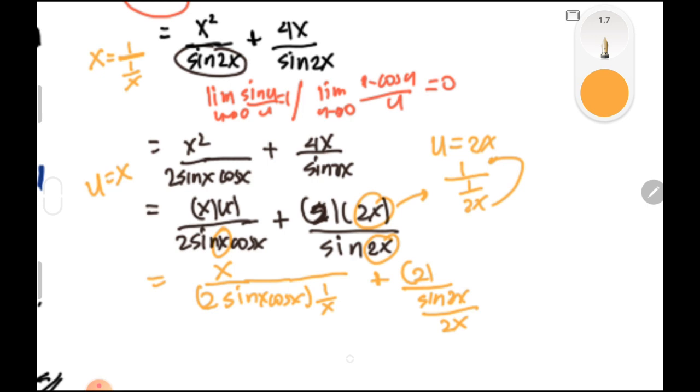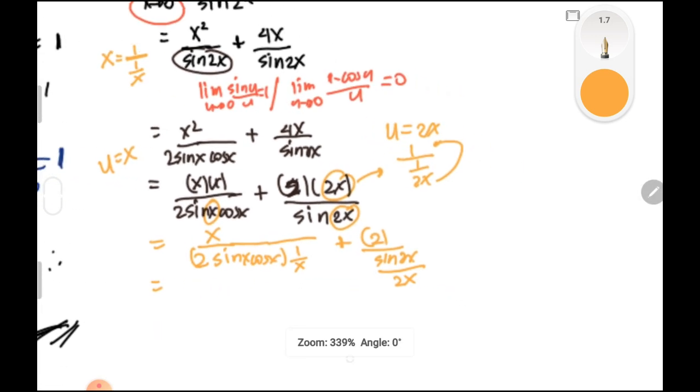Right, so from this we will have a value equal to x divided by 2 sine x all over x multiplied by our cosine x plus 2 all over sine 2x over 2x.